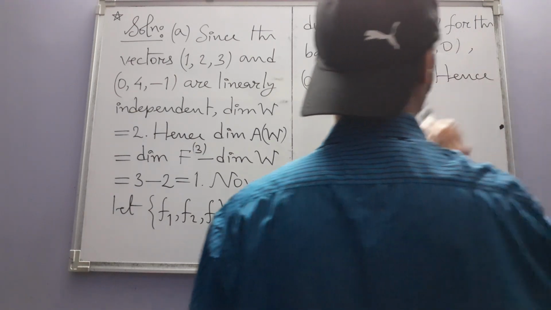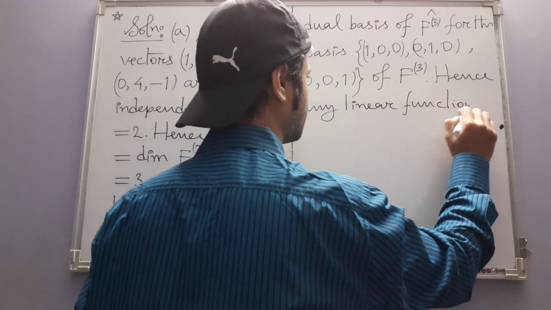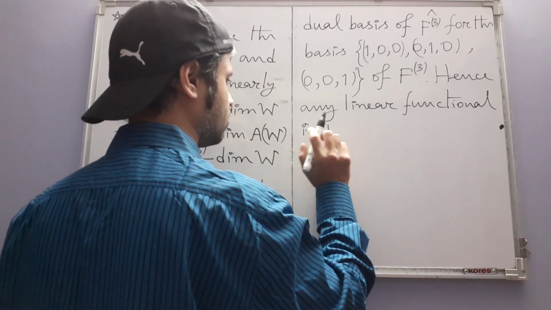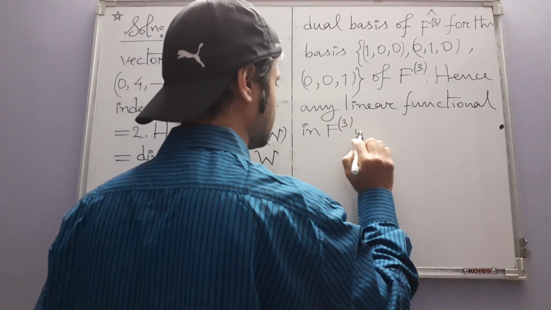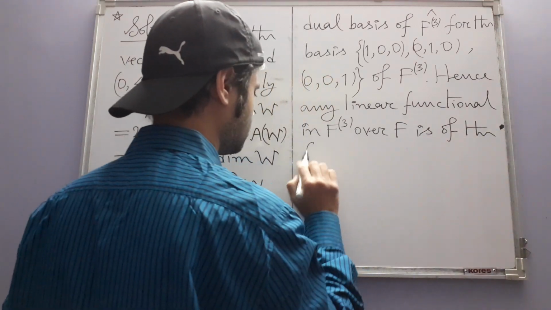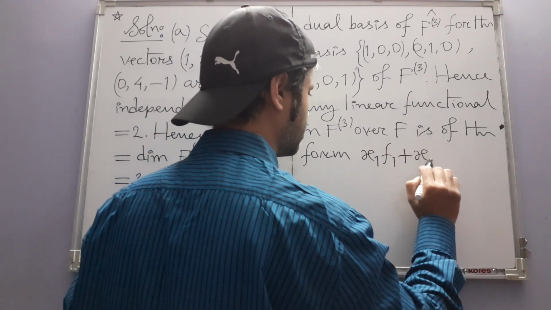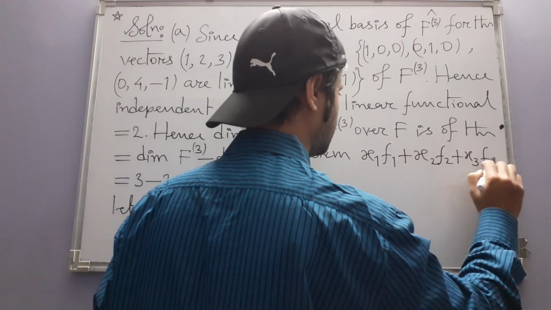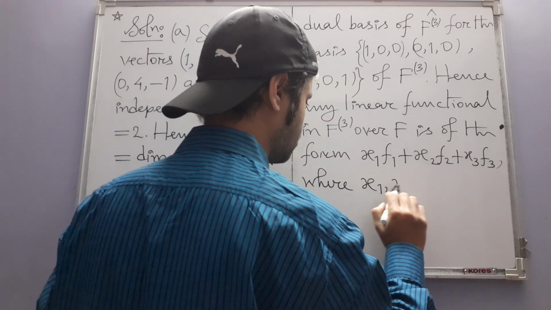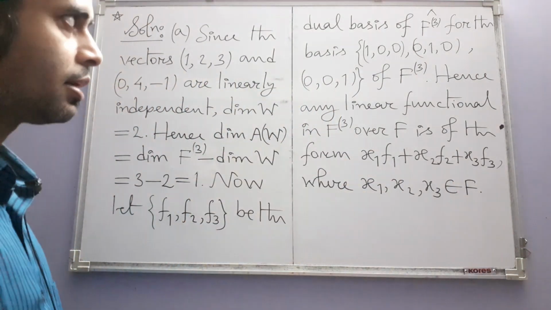Hence, any linear functional in F3 over F is of the form x1 f1 plus x2 f2 plus x3 f3, where x1, x2, x3 are real numbers. So that's how any linear functional looks.